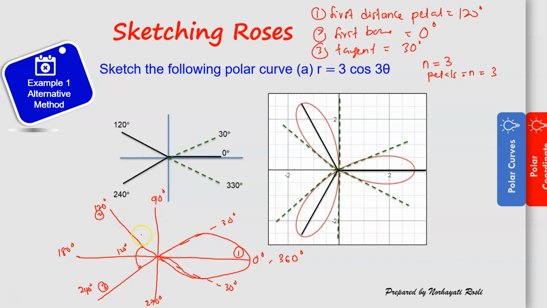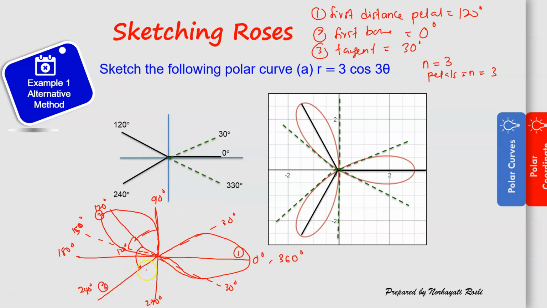So 90 plus 30, you will get this kind of line, this is your tangent line for this bond. And then you will have another tangent line, let's say somewhere here, that is another 30 degree. 120 plus 30 degree, so here is 150 degree. So another petal will touch this tangent line, and will form this kind of shape.